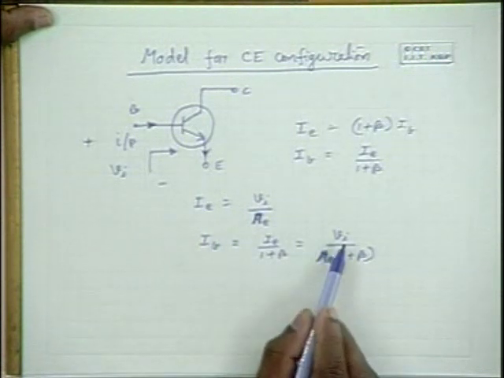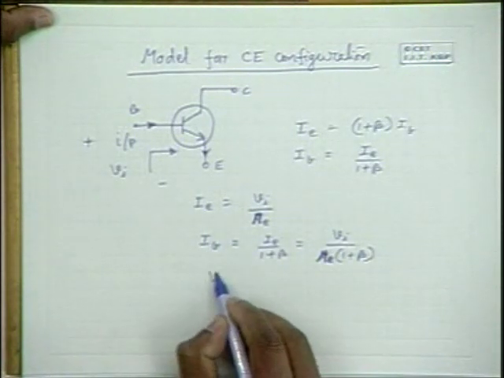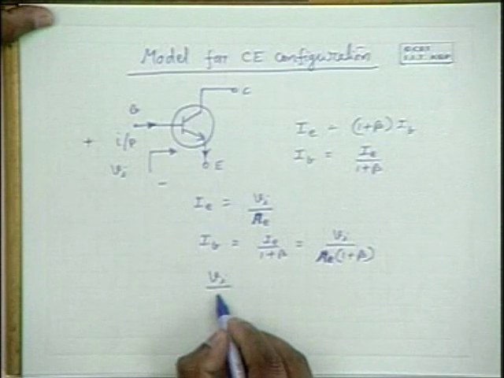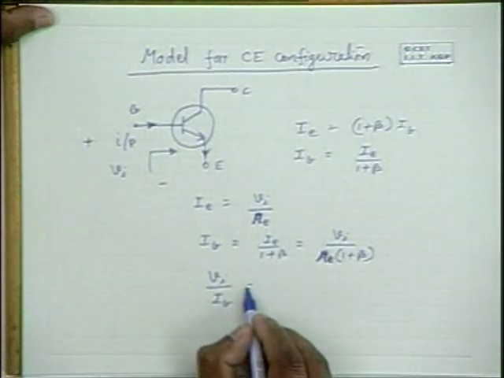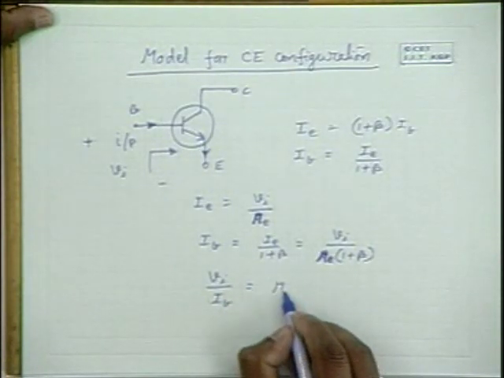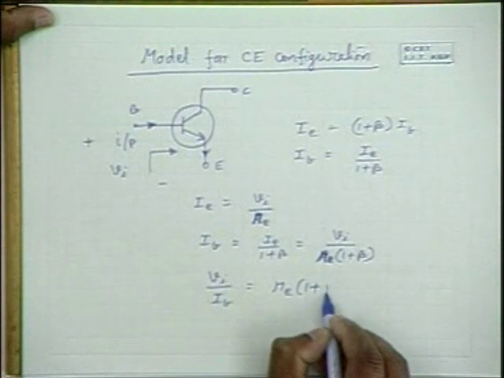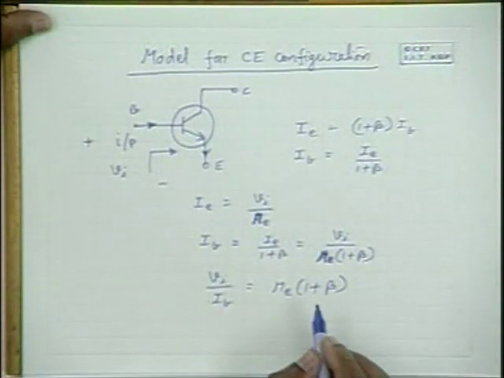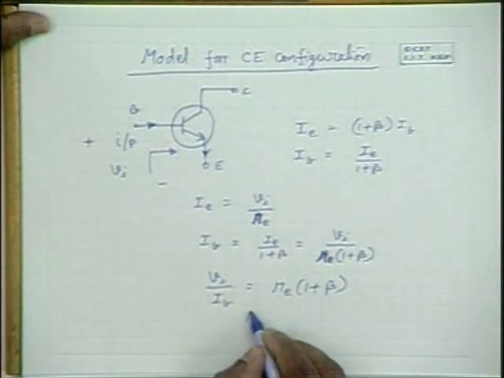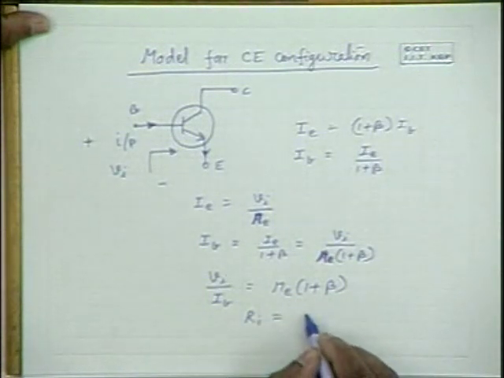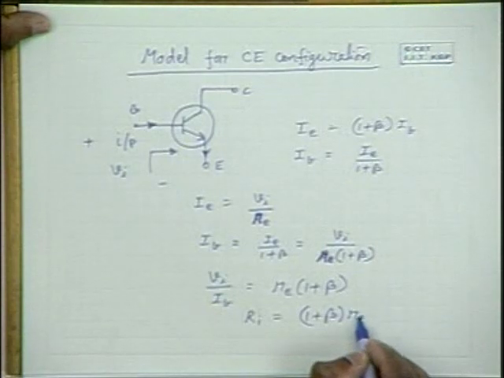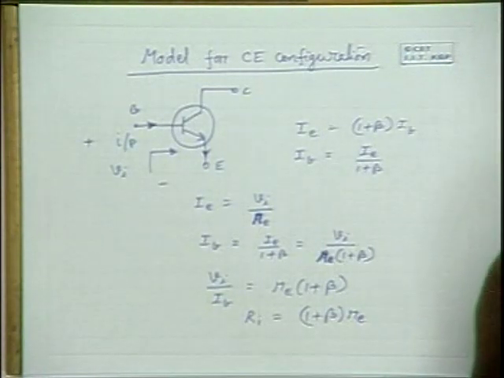Hence, the input voltage to current ratio is equal to Re into 1 plus beta. That means the input impedance is 1 plus beta times the diode forward resistance Re, which is of the order of a few ohms to a few tens of ohms.